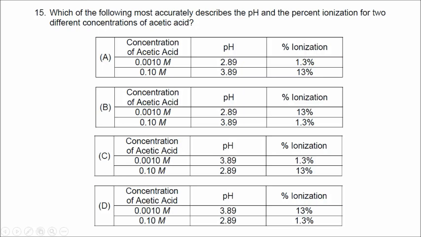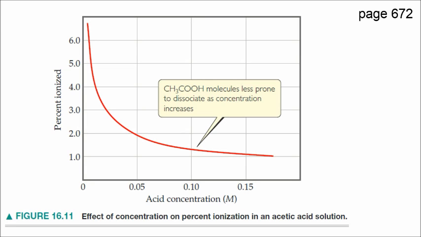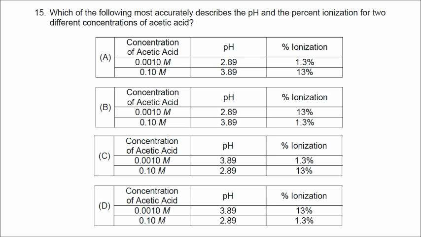In number 15, we have 2 different concentrations of acetic acid, which is a weak acid. We have 2 different pH values, and we have 2 different percent ionization values. Consider that the percent ionization is going to increase as the concentration of the acid decreases. So here we see that at a lower concentration of acid, there should be a higher percent ionization.